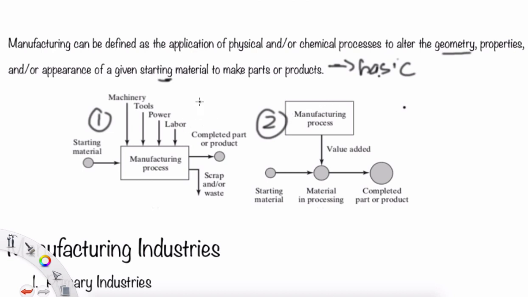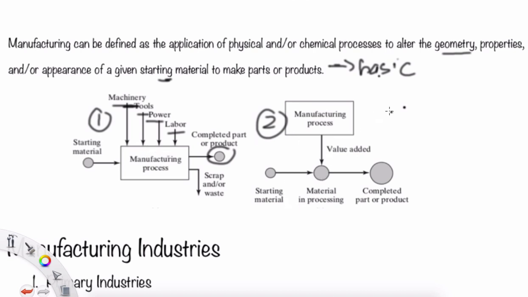The process that accompanies manufacturing involves a combination of machinery and tools, power, labor, and manual labor also, and then we can get a completed part or product. So it is the definition of manufacturing from the technological process perspective.